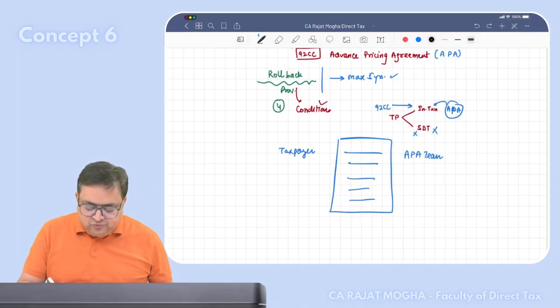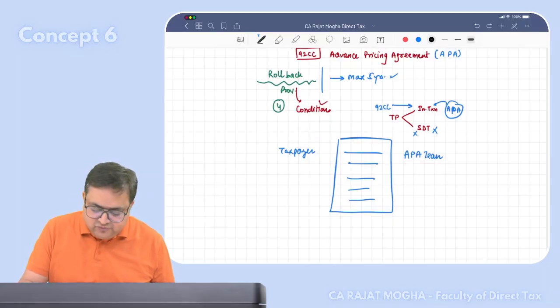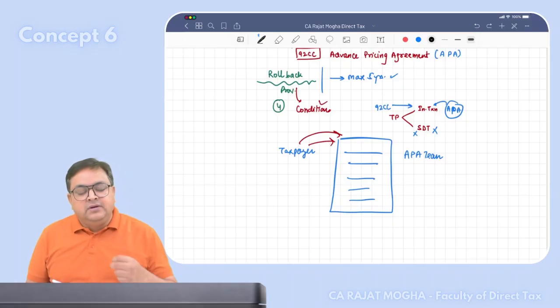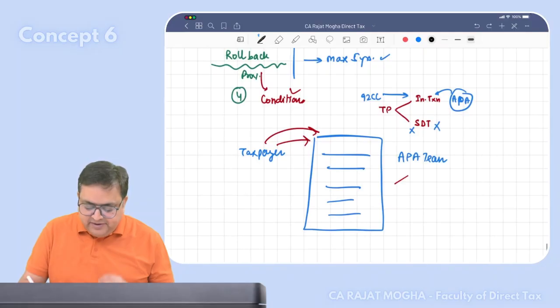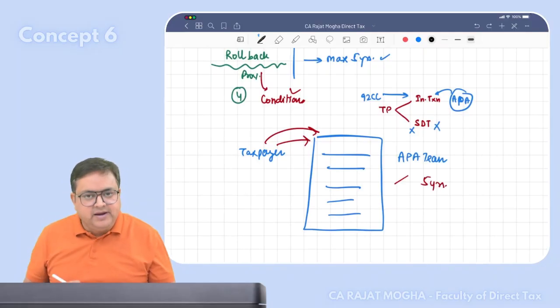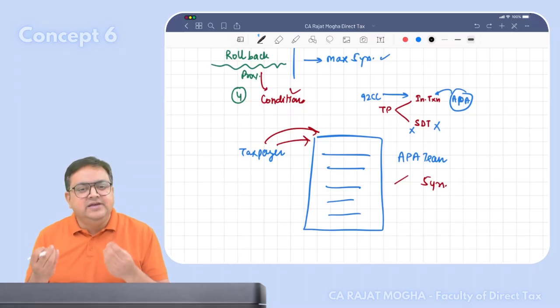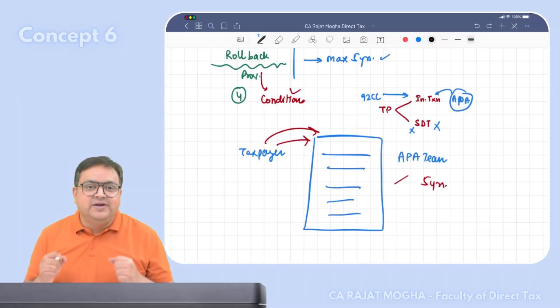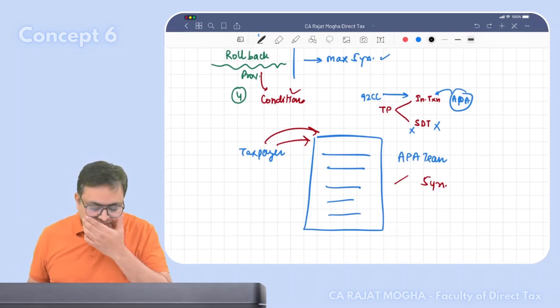The APA team might have taken so much information from the taxpayer, and they have given this APA for, let's say, a total of 5 years. Very, very logical point, and nothing to mug up. Just conceptually understand it. This APA was given to you for 5 years.